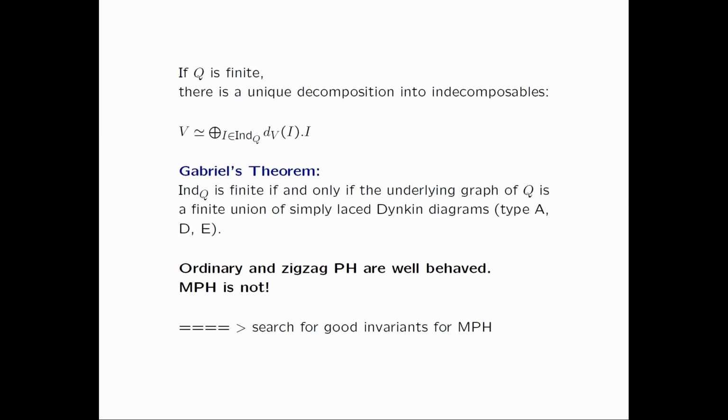But multi-persistence, according to this, is not. So we need invariants. Right. So in our search, we now look at the Harder-Narasimhan filtration. How do we do that?